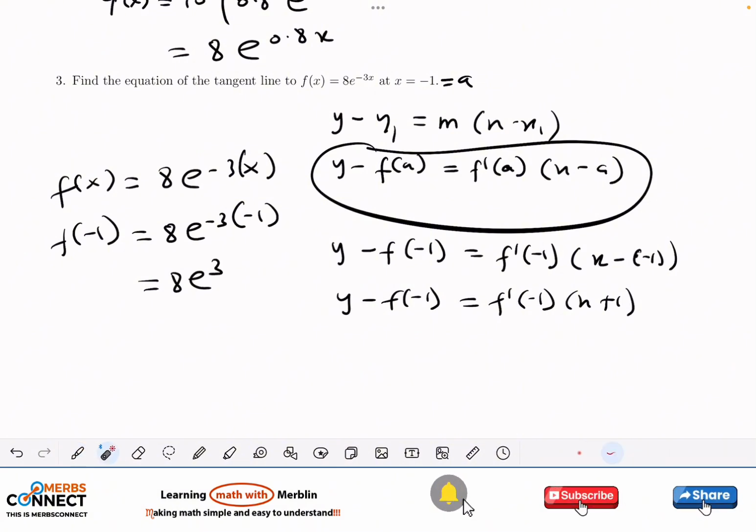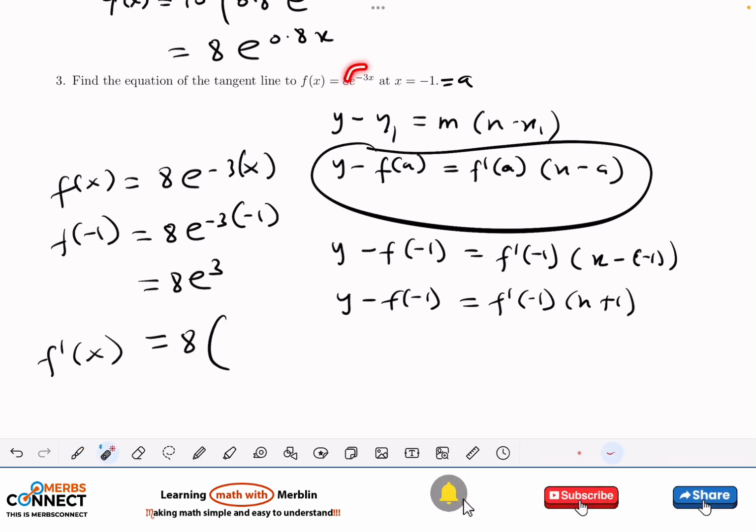Now what I need is f prime of -1. But for me to get f prime of -1, I need f prime of x first. Then I can substitute the -1 inside. We know that f of x is equal to this, so we need to differentiate this. Differentiating this, 8 is a constant, so I maintain it.